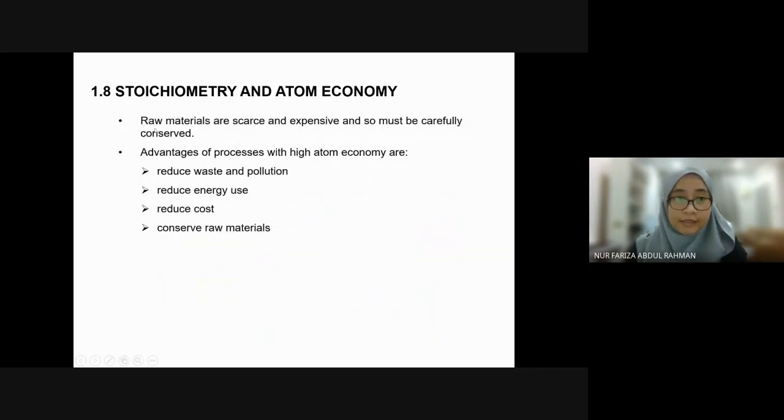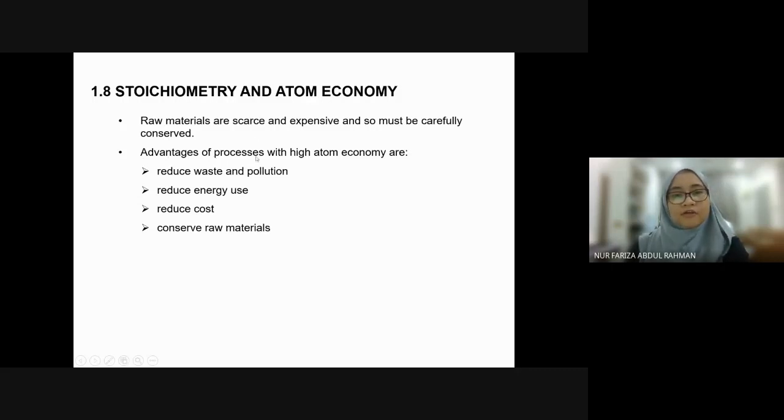Raw materials are scarce and expensive, so we have to be careful, especially with raw materials that come from plants or animals. We have to conserve them and not simply waste the raw material because it is very expensive. Scarce means very limited; it keeps decreasing and becomes difficult to obtain.